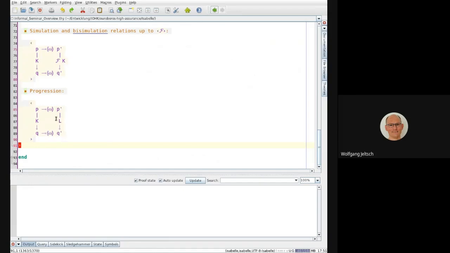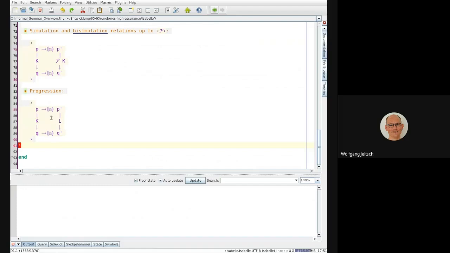And this is, of course, the case if from the fact that I can make an original step, I can conclude that I can make a simulating step, basically, if the original transition relation is included in the simulating transition relation. It's not the case in general, but it is the case when both are the same. So if both are the same, then constant equality is respectful. It is, however, not in general respectful.